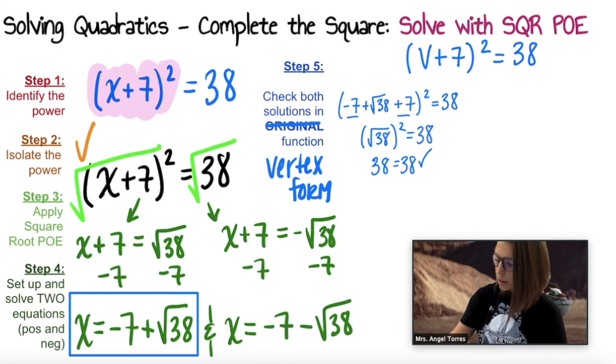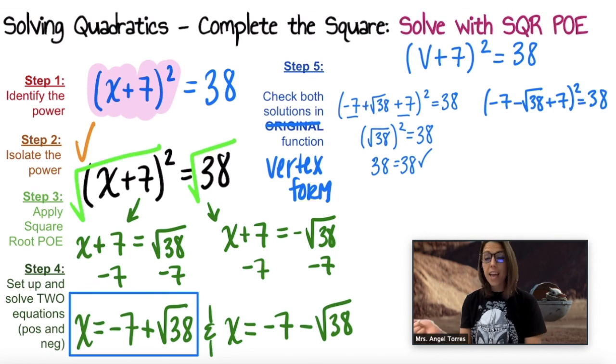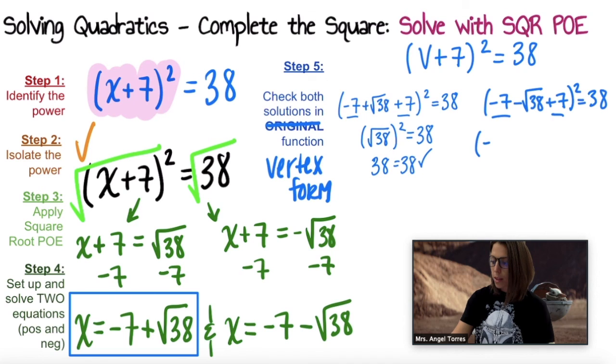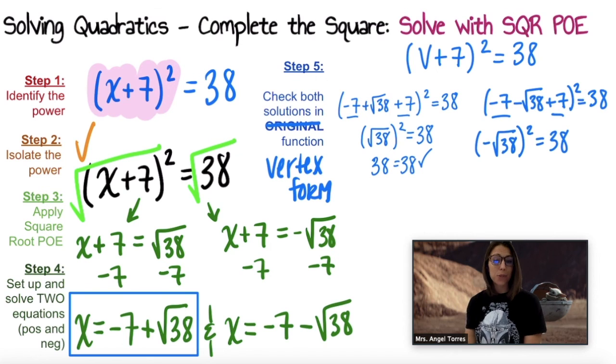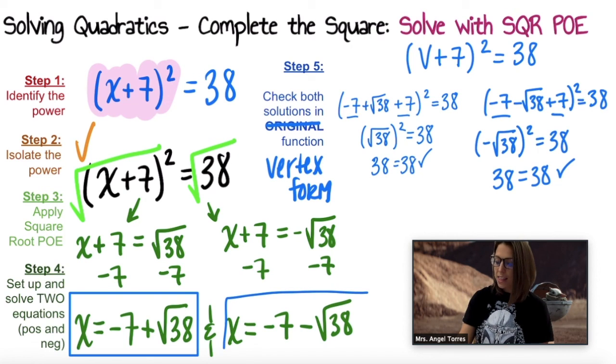Let's check the other one. Again, we're going to have -7 and +7 make a zero term. So that leaves us with the negative square root of 38 squared equals 38. And a negative times a negative is always positive. This also equals 38, meaning that this is the other zero of this function.